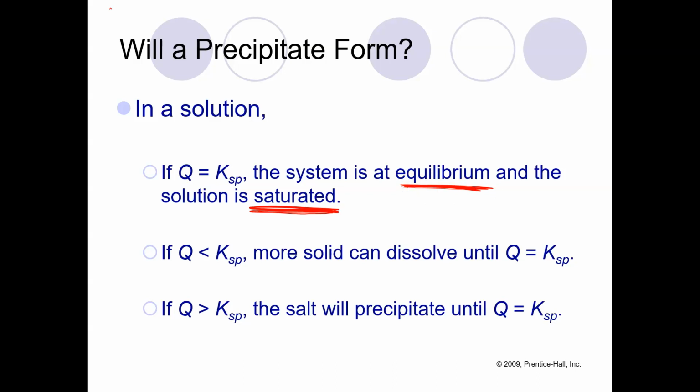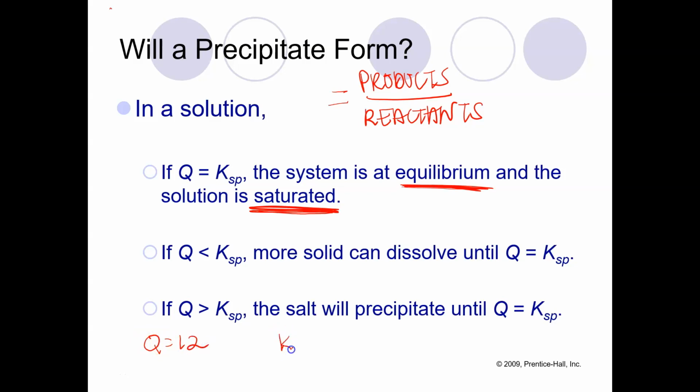When Q is less than K, just a reminder that Q and K are both equal to products over reactants. So if Q is less than K, for example, if Q is 12 and K is 6,000, well then I can very clearly say that right now, which is what the Q is telling me, is not at equilibrium, which is what the K is telling me.